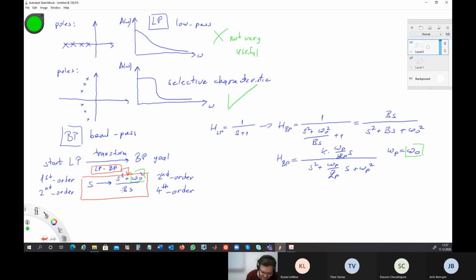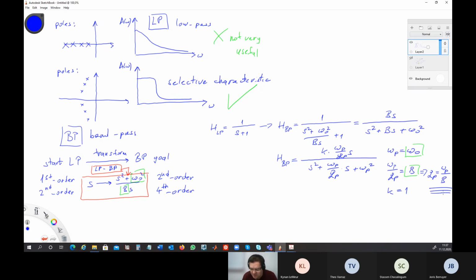From B is here. So we have omega P over QP equal to B, and K is equal to 1. This is also B. Or we can write the following form, that QP is equal to omega P over B. This is also an important equation.